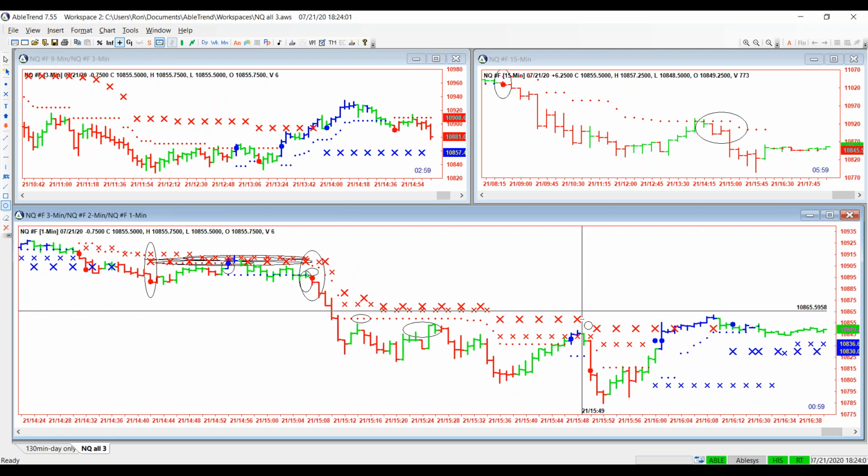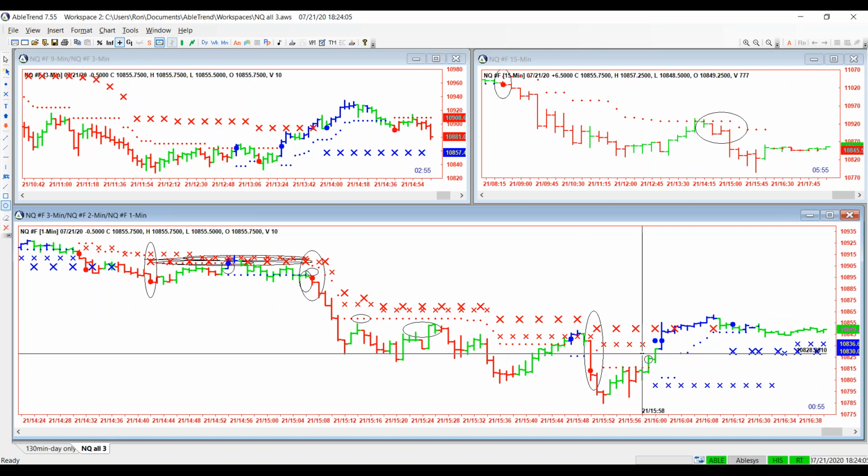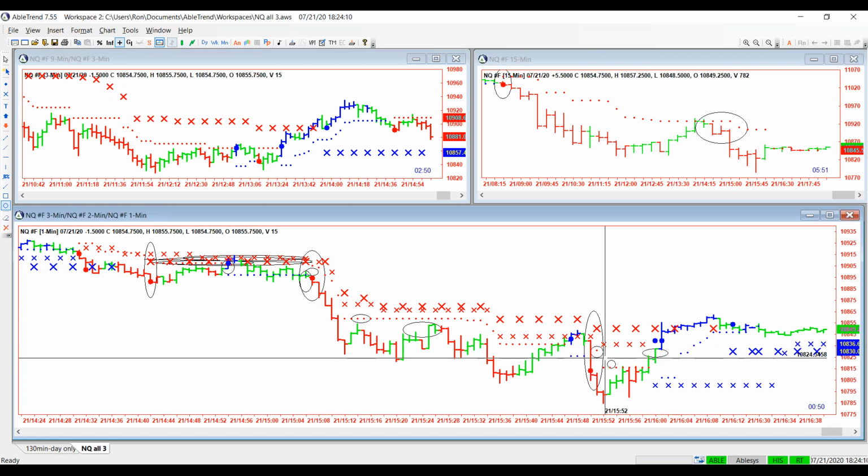And then we have another trade right here at the end of the day, a losing trade because we're stopped out right there on the previous higher small red dot. So overall, very nice day, huge day today. Of course, yesterday was unbelievable. But we had choppy days last week, so I got to be fair about it.